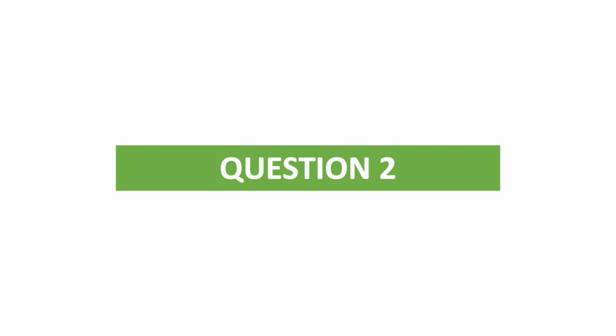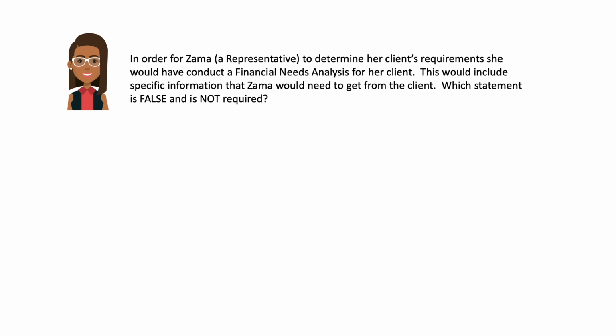Question 2. In order for Zama, a representative, to determine her client's requirements, she would have to conduct a financial needs analysis for her client. This would include specific information that Zama would need to get from the client. Which statement is false and is not required?